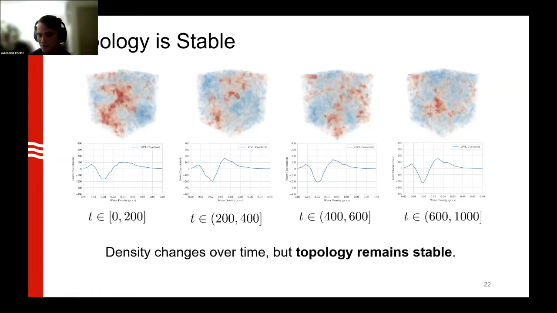We're seeing a lot of differences in these fields, and it would be hard for me to say that all of these systems belong to the same family or the same simulation. But when we look at the Euler characteristic curves, there are some slight differences, but we're not really seeing a dramatic change in the structure or the values of these Euler characteristic curves. So again, this density is changing over time, but the topology of these systems is really remaining very stable.